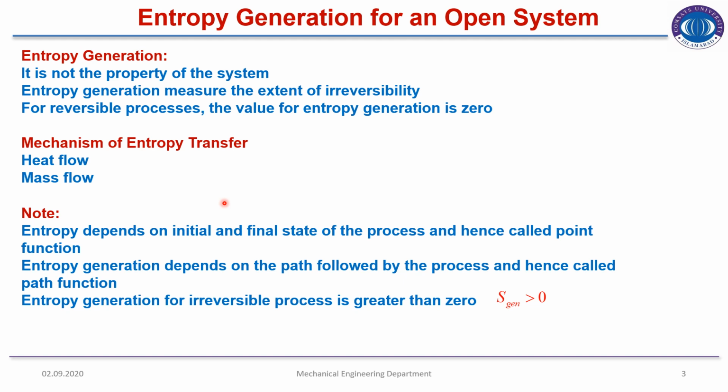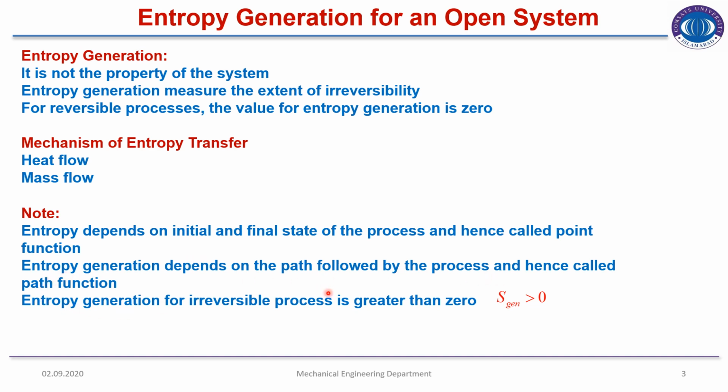Along with pressure, volume and temperature, entropy or specific entropy is also a state property, so it depends on the initial and final state. Whereas entropy generation is like heat and work, because it depends on the path followed by the process.